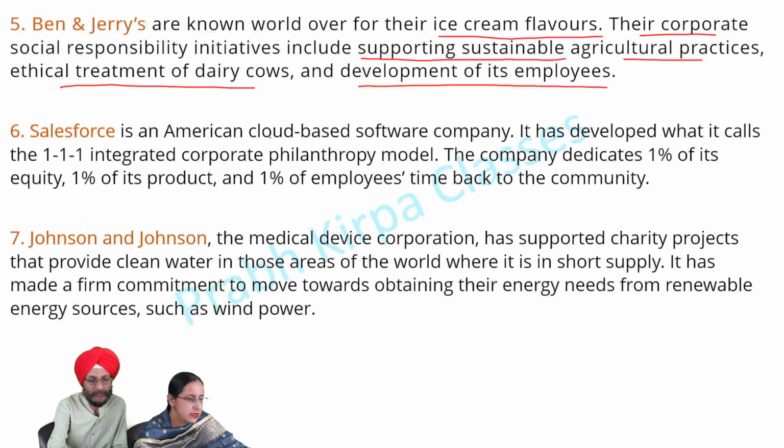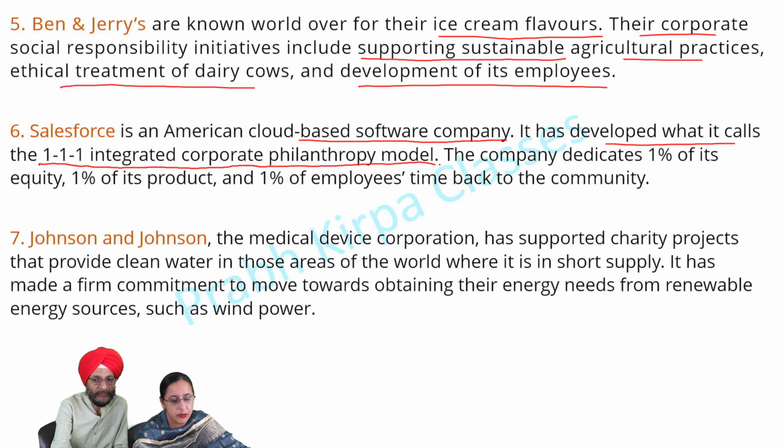Six, Salesforce is an American cloud based software company. It has developed what it calls the 1-1-1 integrated corporate philanthropy model. The company dedicates 1% of its equity, 1% of its product, and 1% of employees' time back to the community.